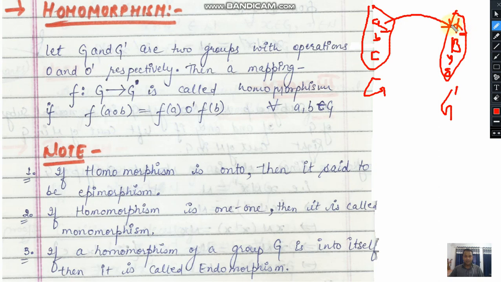In mathematical terms the word mapping is correct, but sometimes it is difficult to understand using the word mapping. So here I am saying relation, but it is not equivalent to the relation word used in discrete mathematics. Let us suppose A is associated with alpha somehow, we don't know.